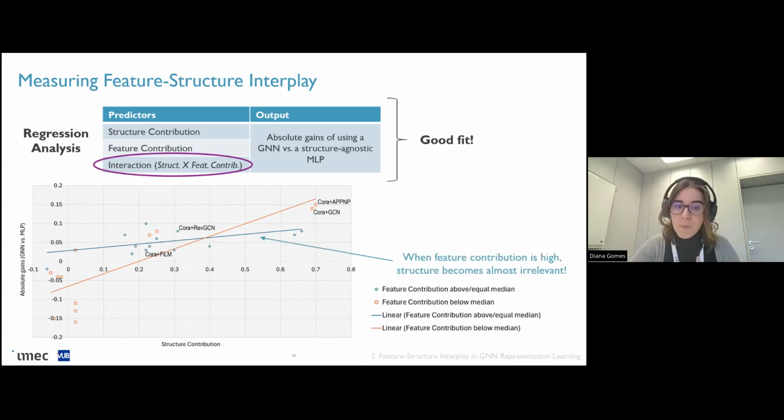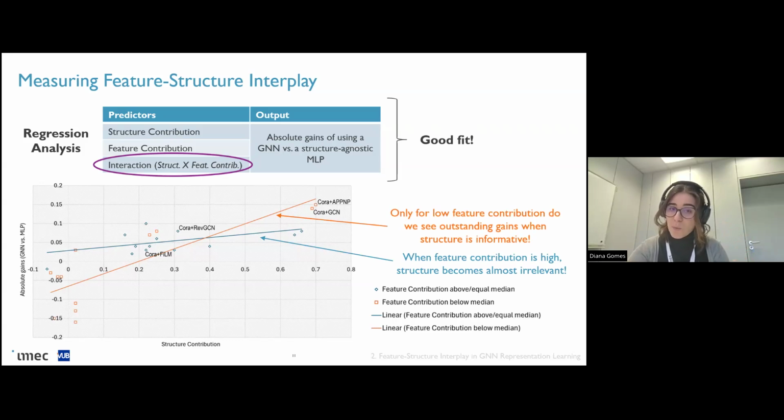And what we see is that when feature contribution is very high, the contribution of the structure becomes almost irrelevant, and we have this sort of flat line that we see here. But on the other hand, when we see low feature contribution, we do see the outstanding gains of using a GNN to solve the problem. And this duality is evidence of those two flavors that I was discussing before.